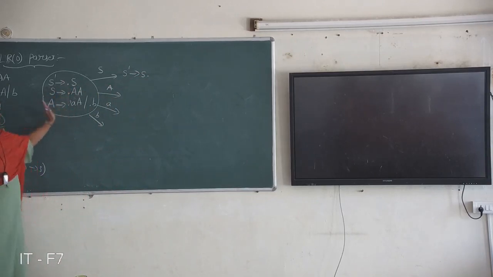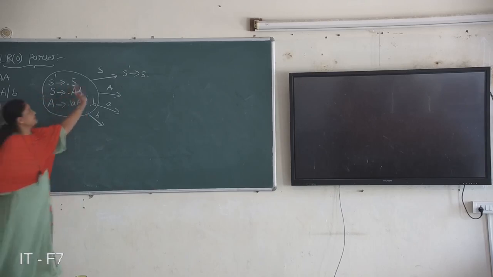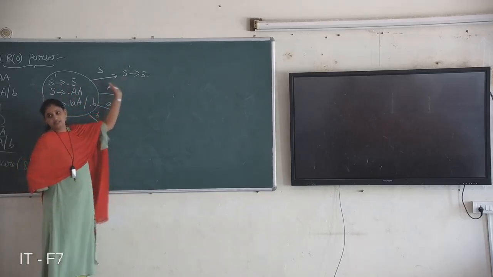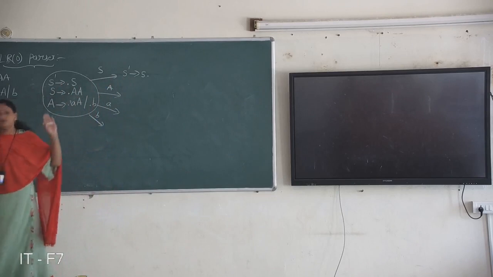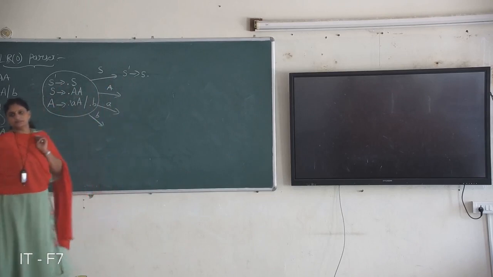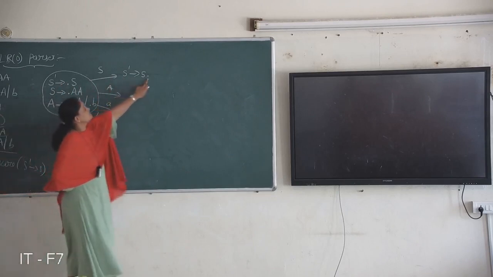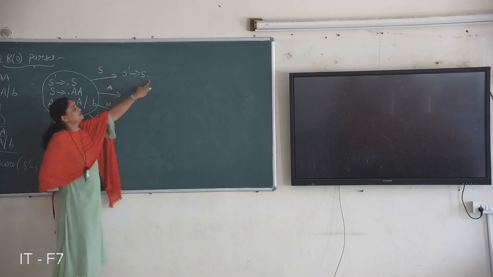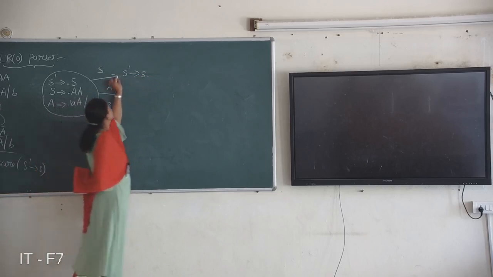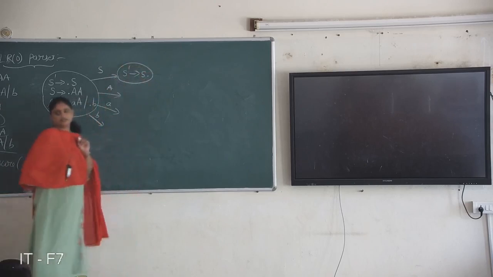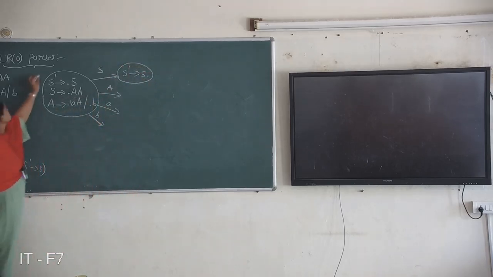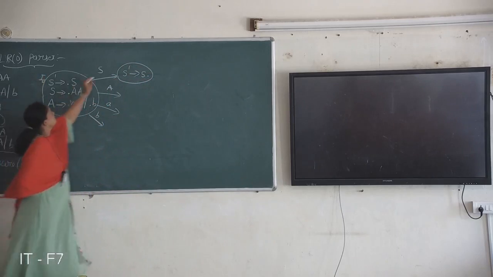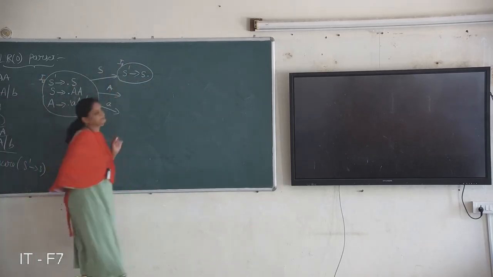You write those productions here, just moving the dot from here to here. After that, if there is a non-terminal, you can also include it, but after that there is no non-terminal. So there is only one production in the state. Consider this is the I0 state and this is the I1 state.